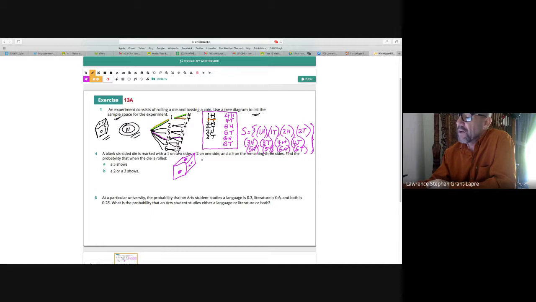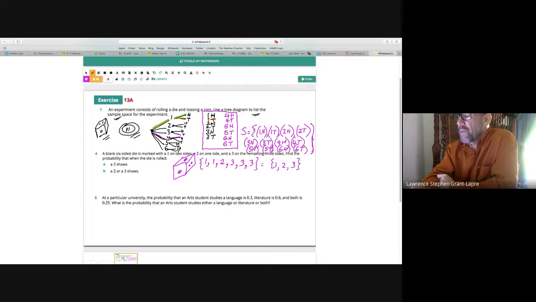So the numbers on this dice are 1, 1, 2, 3, 3, 3. That's the sample space. If we just roll the dice once, it could be a 1, 2, or 3. They're the only possible numbers on that dice.